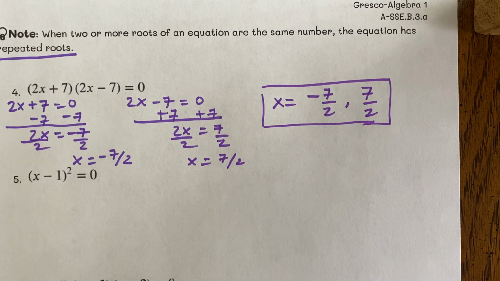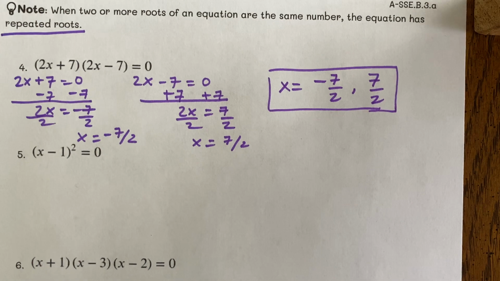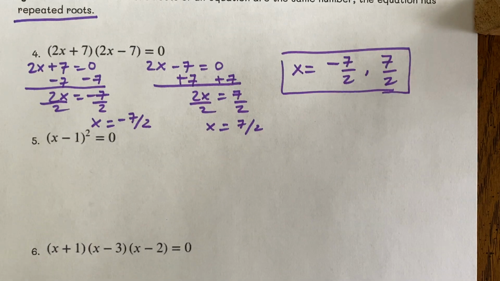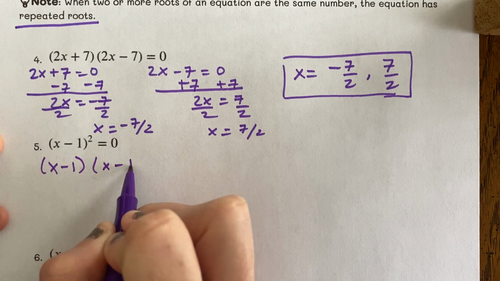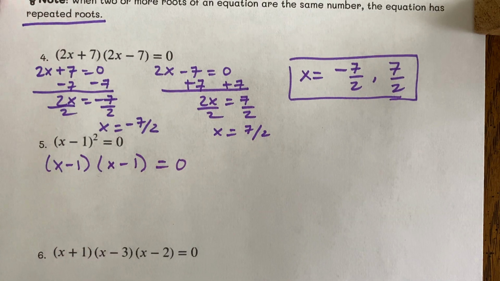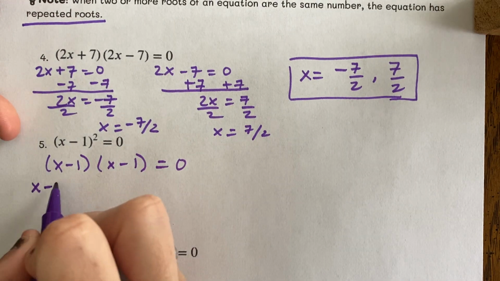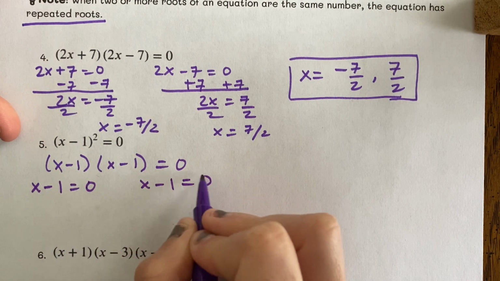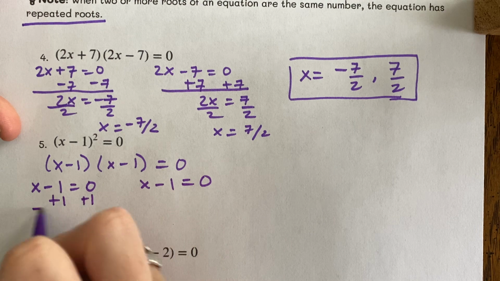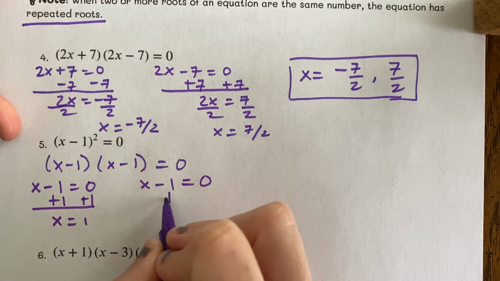Okay. All right, so for this next one, remember when we are multiplying binomials, it's like we have x minus 1 times x minus 1. They're both equal to 0. So we're going to set each piece equal to 0, and x minus 1 equals 0. Add 1. So x equals 1.